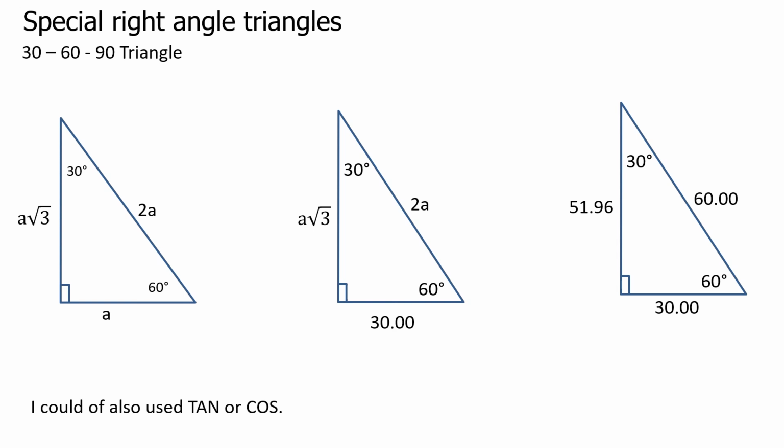The hypotenuse is 2 times A. The remaining side can be calculated by multiplying 30 by the square root of 3. Just a reminder that you could have solved the same triangle using tangent or cosine.